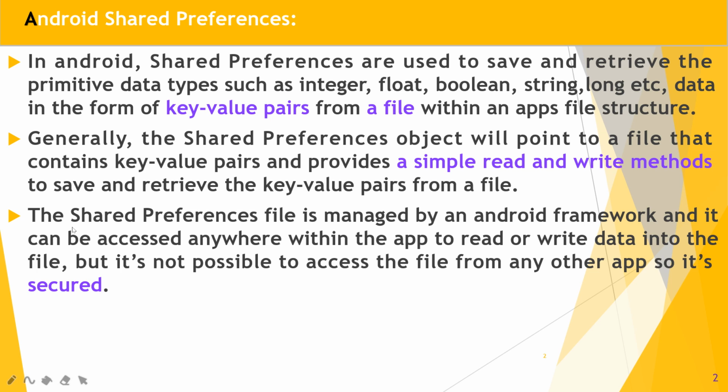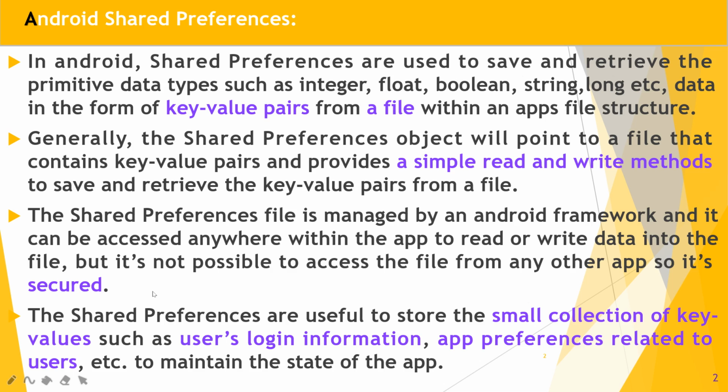The shared preferences file is managed by the Android framework and it can be accessed anywhere within the app to read and write the data into the file. But it's not possible to access the file from another app, so it is a secured one. We cannot read and write the file outside the app.